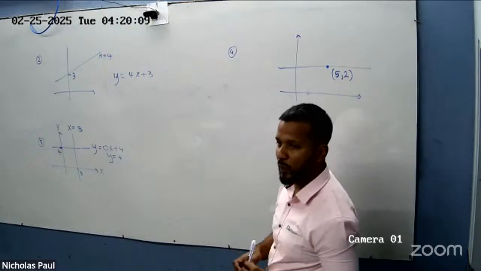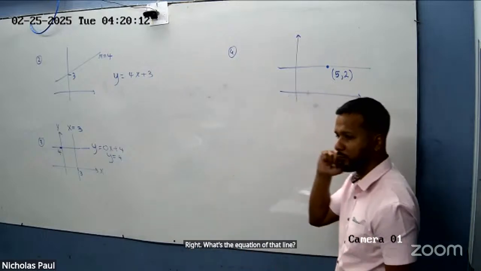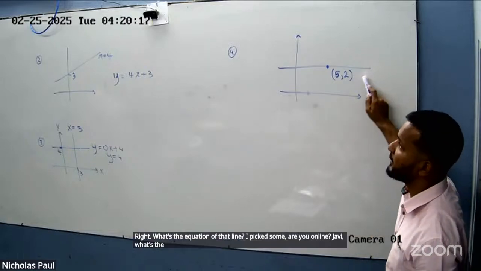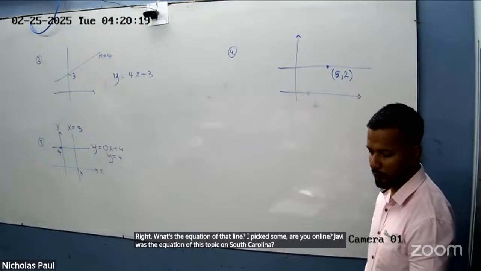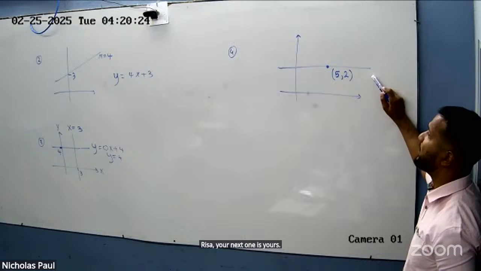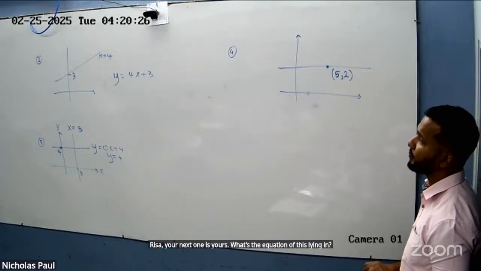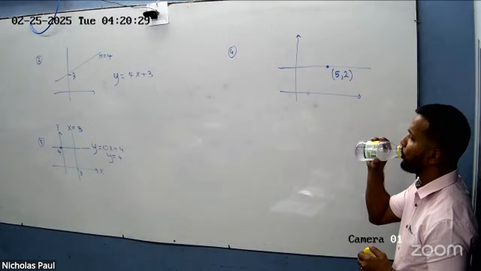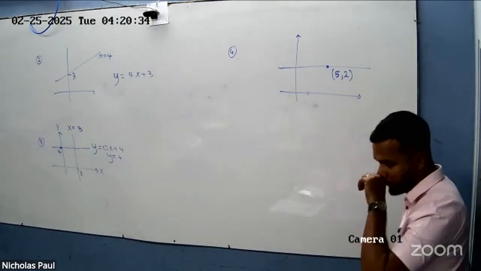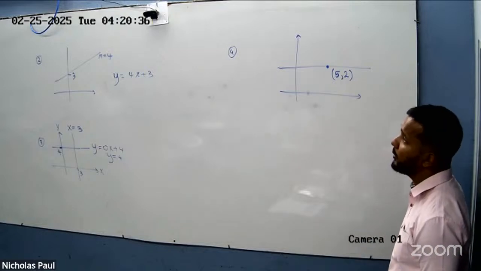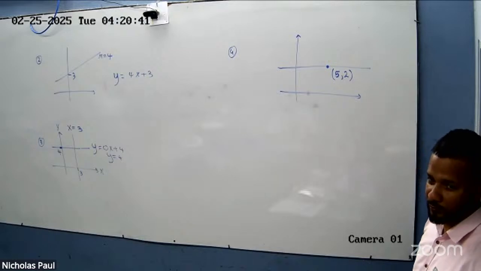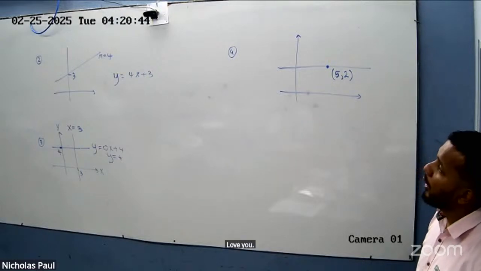Right. What's the equation of that line? Let's pick somebody online. Javi, what's the equation of this horizontal line?